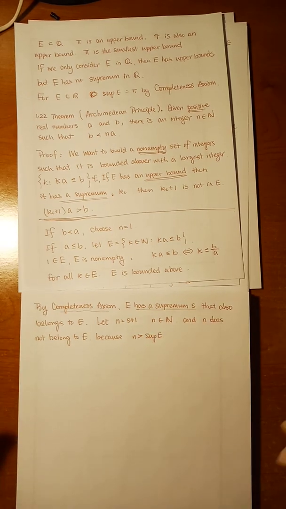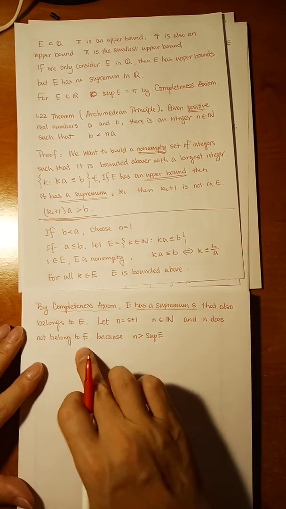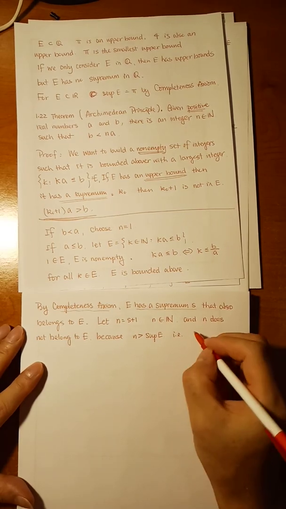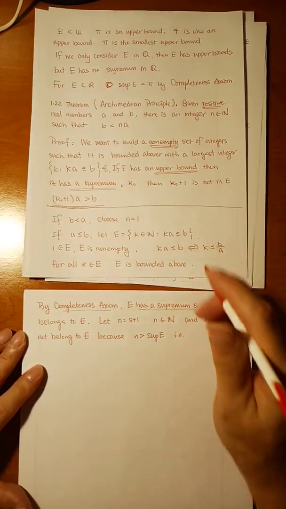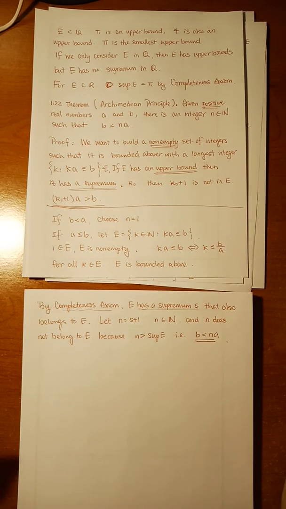N should be less than or equal to the supremum if it belongs to E. But here n is strictly greater than the supremum, so n does not belong to E. N does not satisfy this condition. So B is less than nA. That is what we want. So this is the Archimedean principle. The proof is not difficult, but you need to understand why, or what rhythm is behind the steps. So you need to know the rhythm behind the steps.